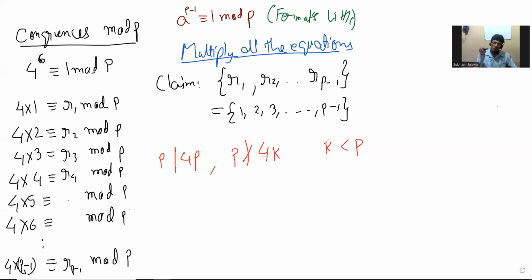But if you dig more into it, why does this imply that you get all distinct remainders, like 4 times 1, 4 times 2, 4 times 3? Why are they all different?